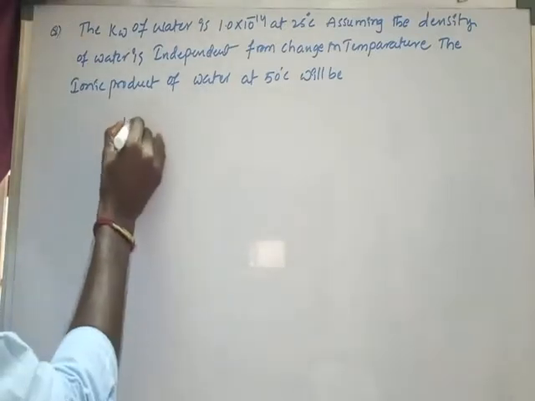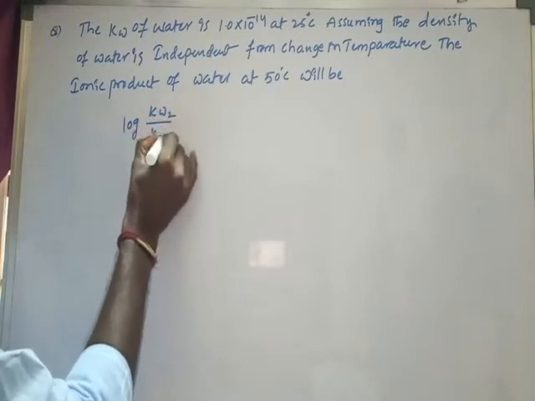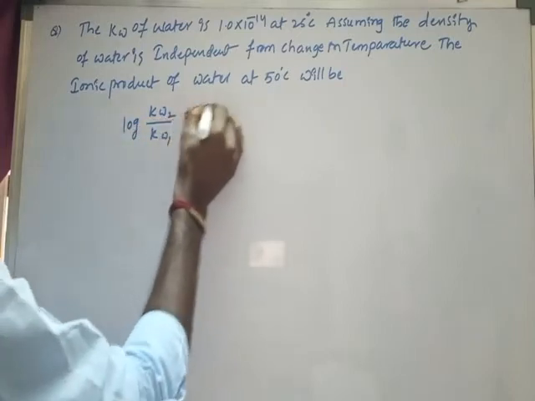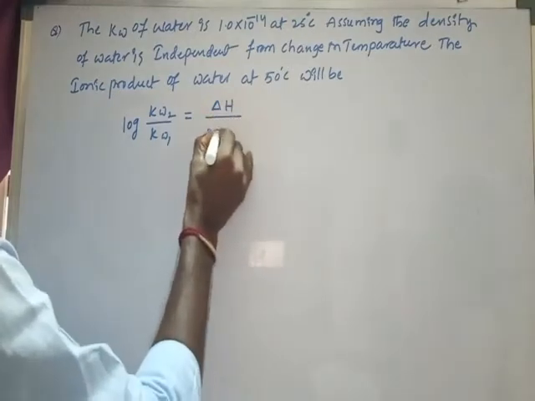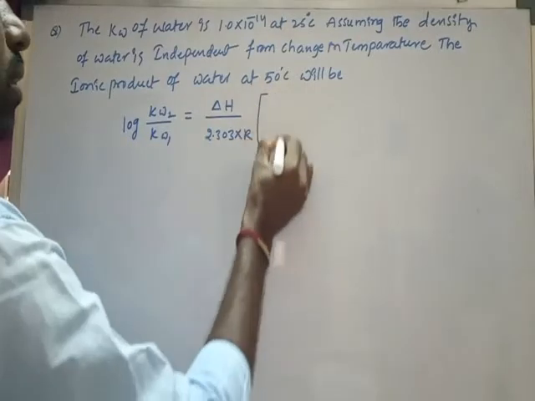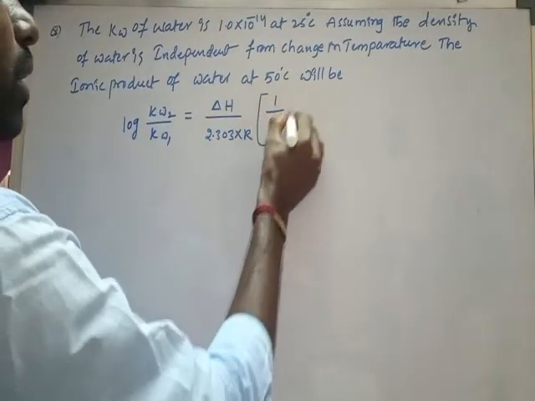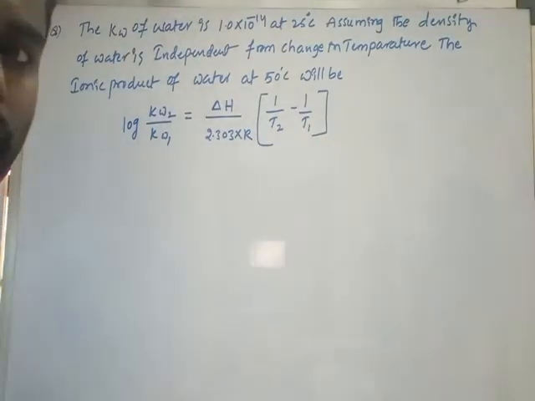equation, that is log Kw2 by Kw1 equal to delta H by 2.303 into R into (1 by T2 minus 1 by T1). So this is the formula.